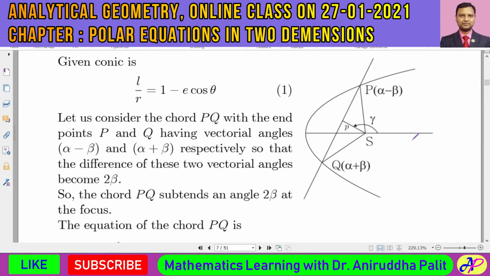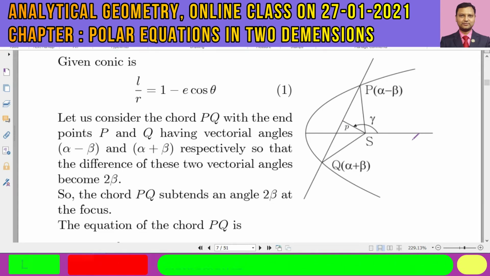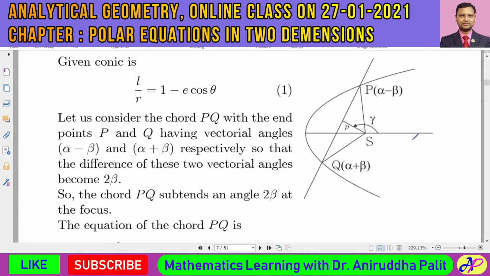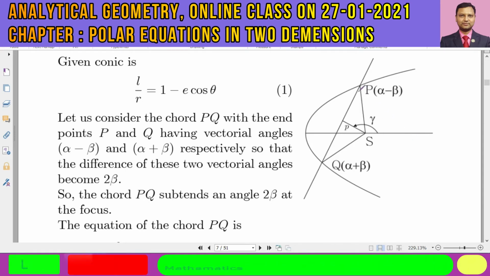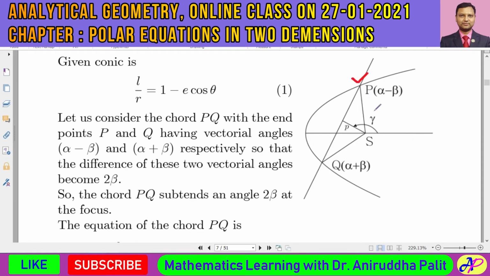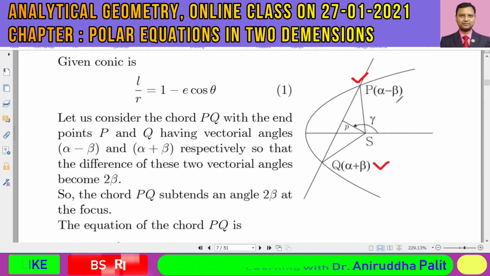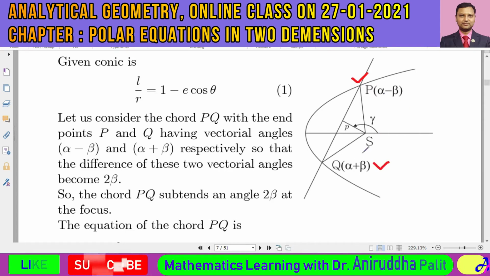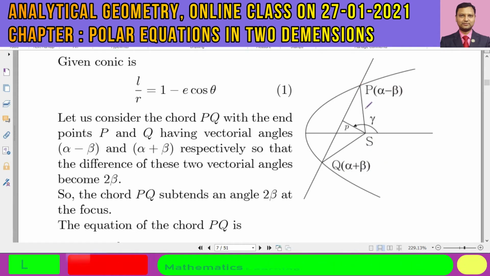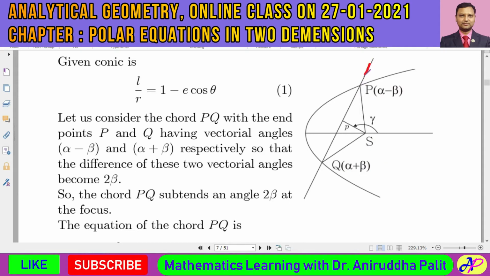Then what we do over here is try to solve this problem with the help of Cartesian coordinates. We know that when the points P and Q have the vectorial angles α - β and α + β, then we can easily compute the expression of the chord PQ.